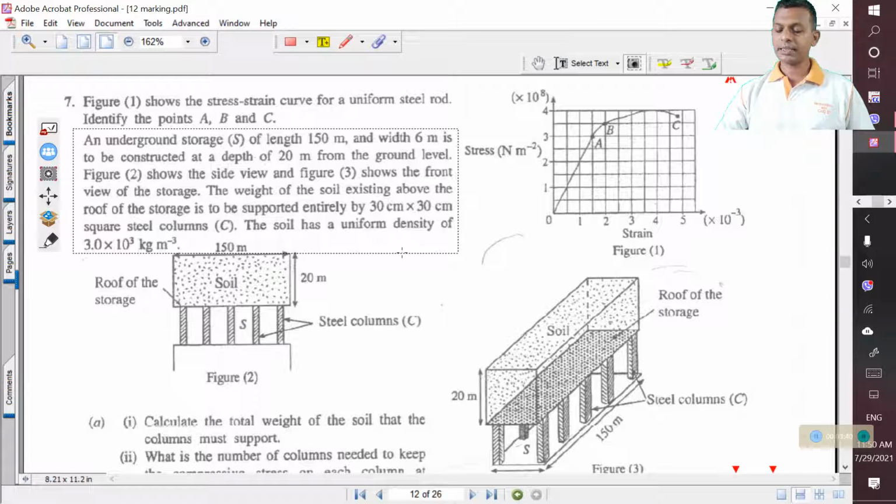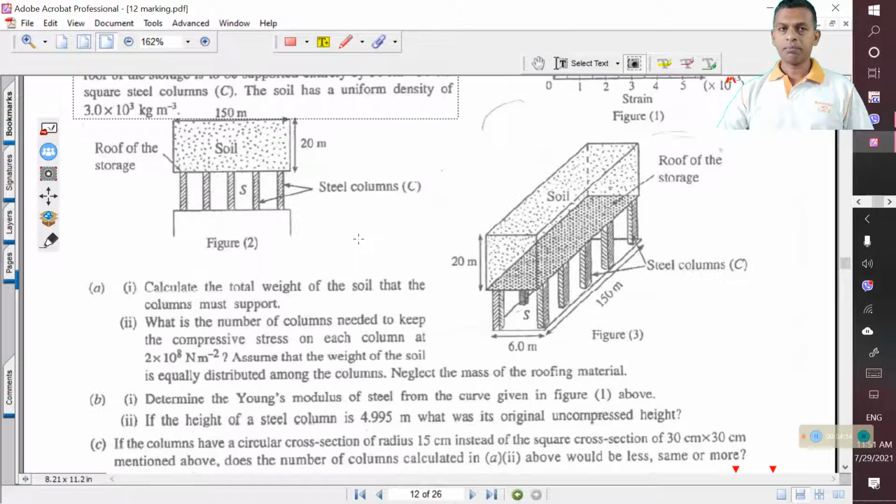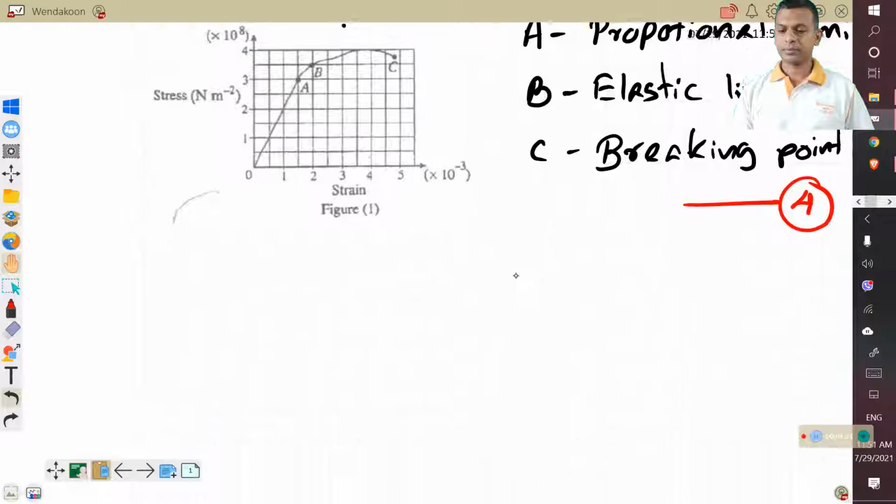Weight of the soil existing above the roof of the storage is to be supported entirely by 30 centimeters by 30 centimeters square steel columns. The soil has uniform density of 3 into 10 to the power 3 kilograms per cubic meter. Part A1, calculate the total weight of the soil that the column must support.